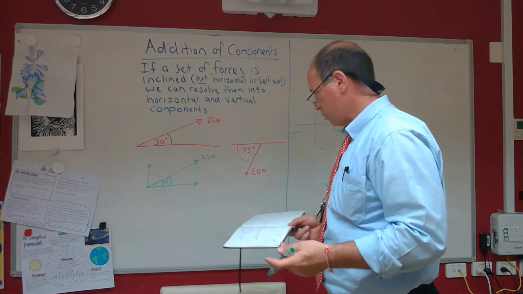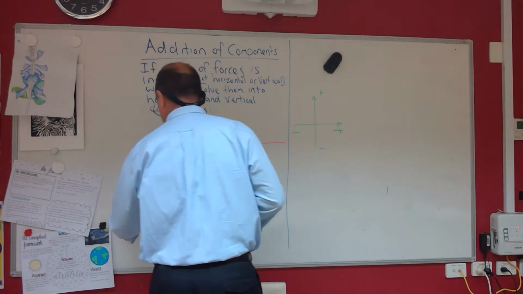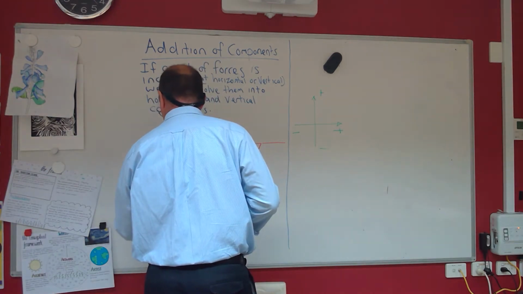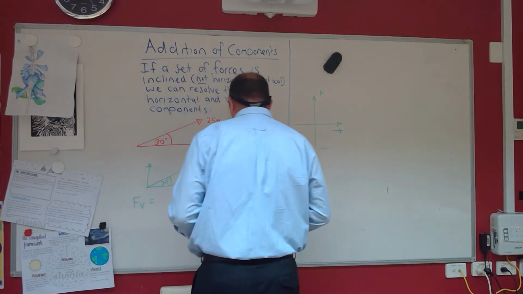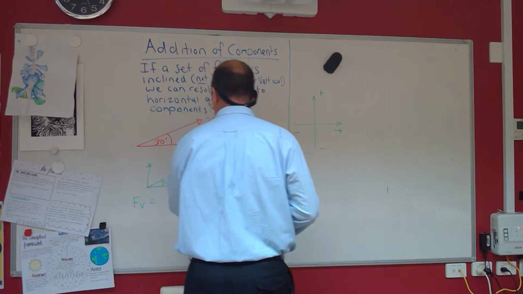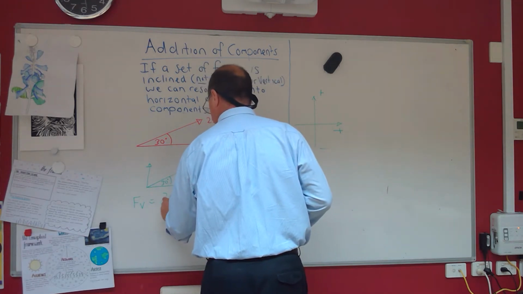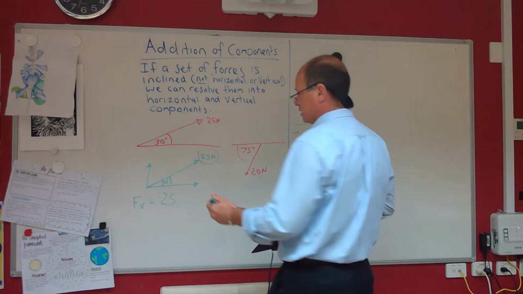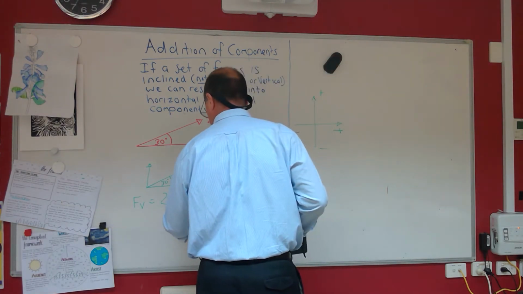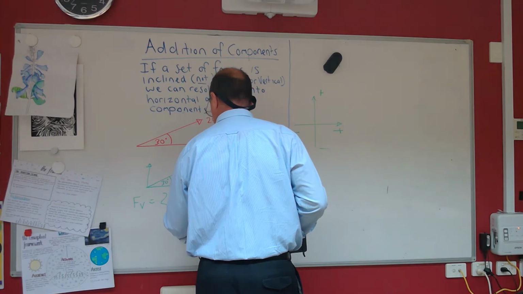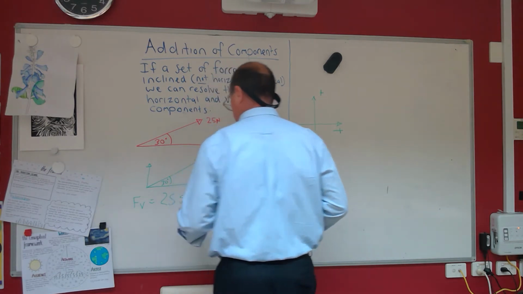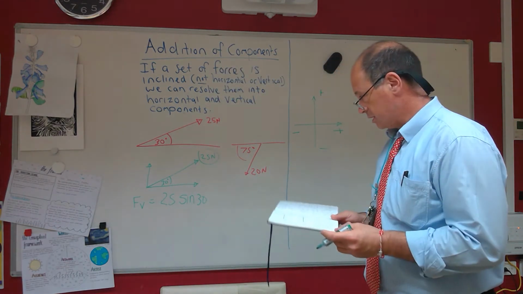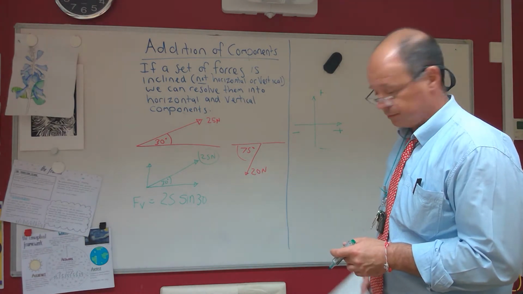You've just got to remember that your force vertical is equal to the actual force, 25, times the sine of the angle. In this instance, it's 30 degrees. So 25 sine 30 is going to give you your vertical component.